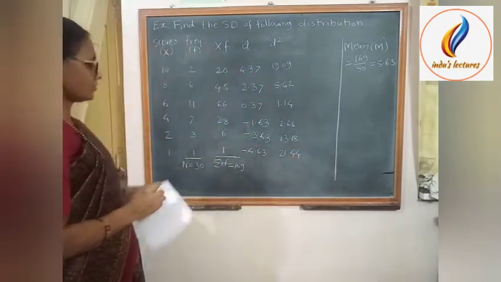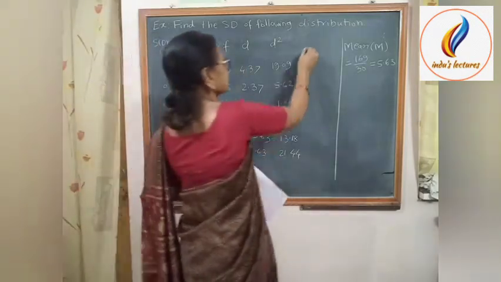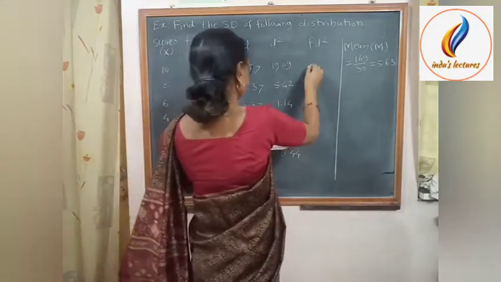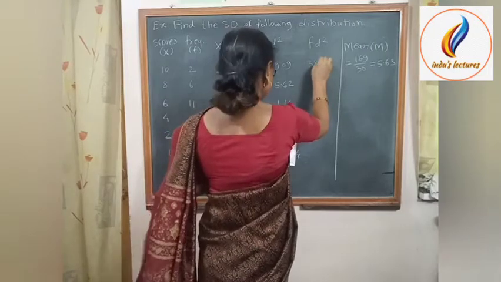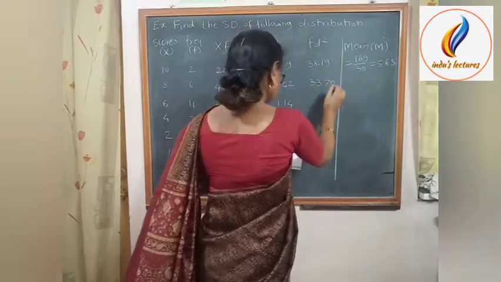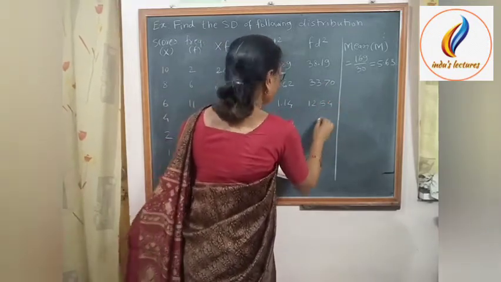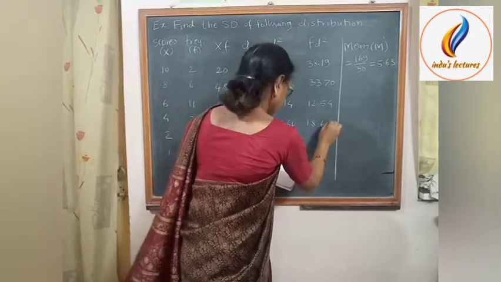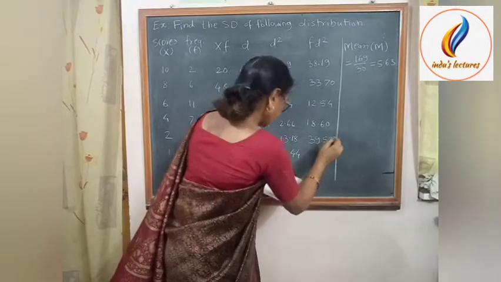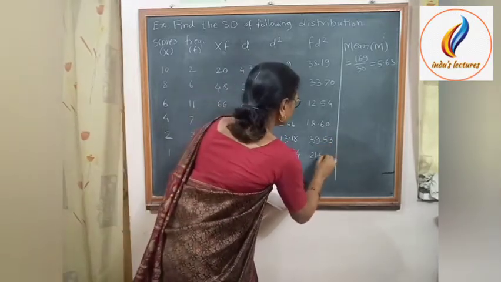Now take the product of frequency into square of deviation, that means f into d square. Now f into d square is equal to 38.19, 33.70, 12.54, 18.60, 39.53 and 21.44.